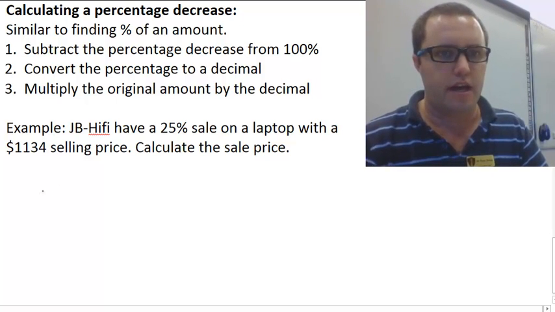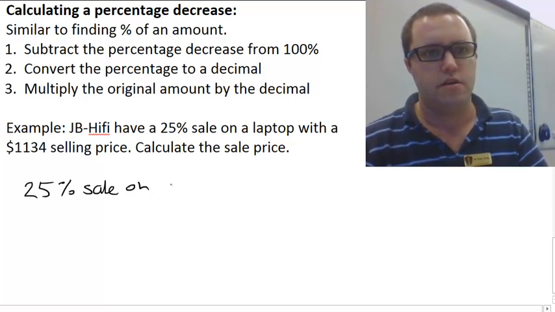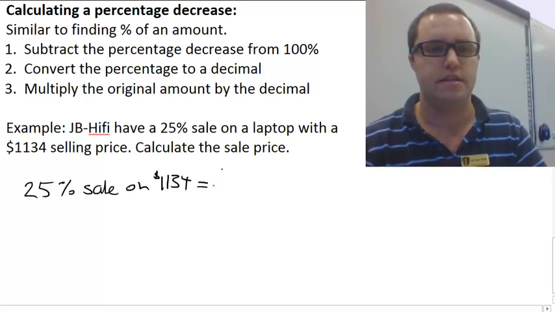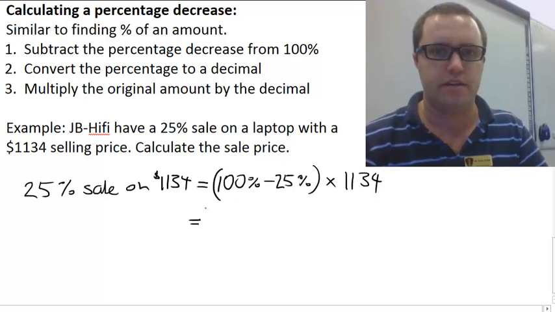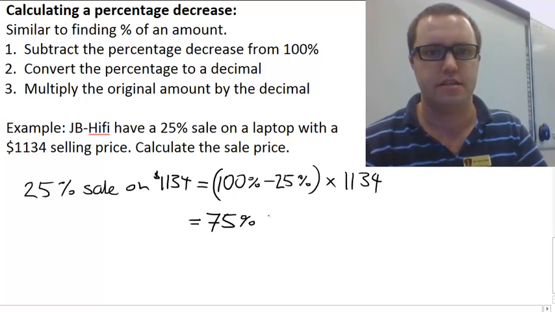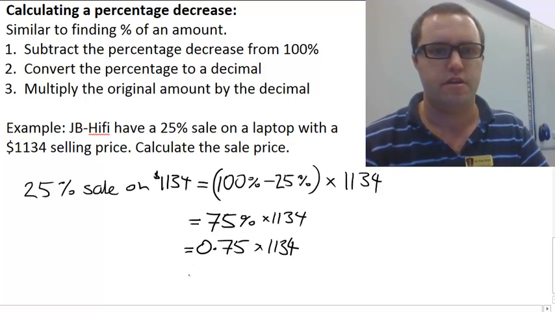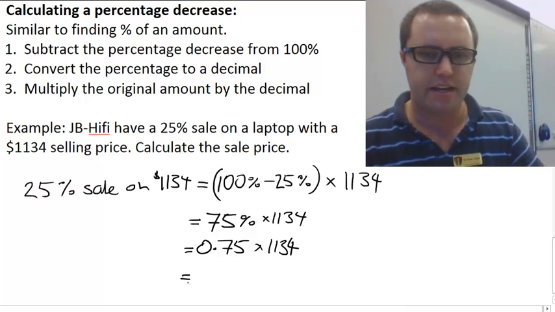So, 25% sale on $1,134 is equal to, now I'm just going to write this the long way for you to see what's happening, 100% take 25% times 1,134, and 100 take 25% is 75% times 1,134, in a decimal 0.75 times 1,134, and chuck that in your calculator. Gets you $850.50.